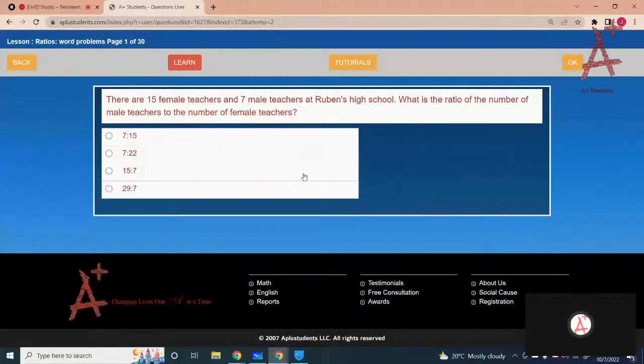So you have to write the ratio of male teachers first and then female teachers. Male are 7, so it is 7 ratio 15. Write the ratios in the order you are asked in the question. Got it?